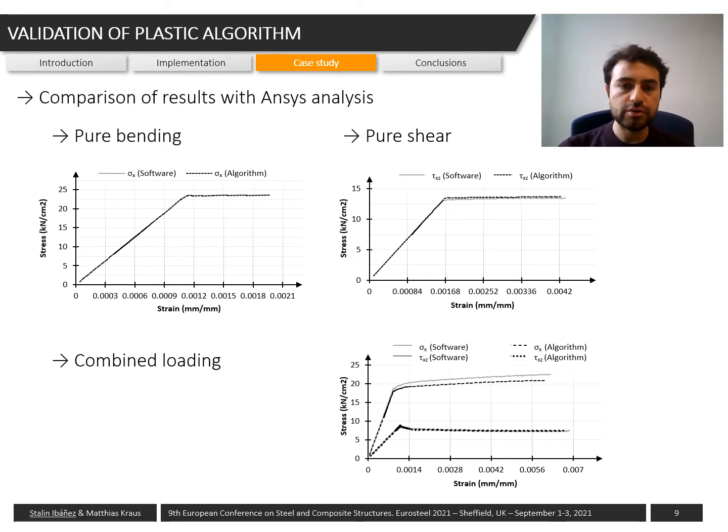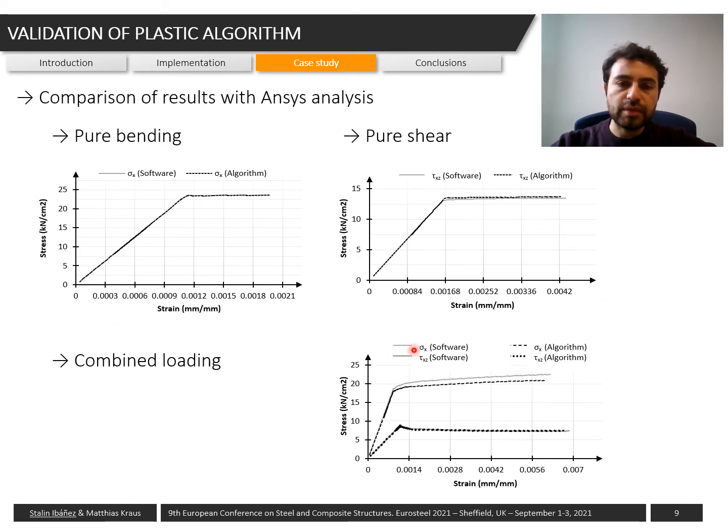What we did was to model a structure in ANSYS, extract the stresses from this structure, and put that as an input in the plastic algorithm to check if the development of the stresses is correct. As you can see, for pure bending and pure shear, these work perfectly.